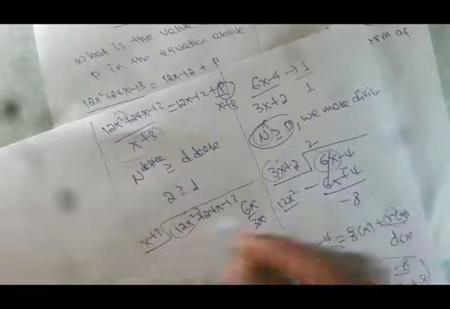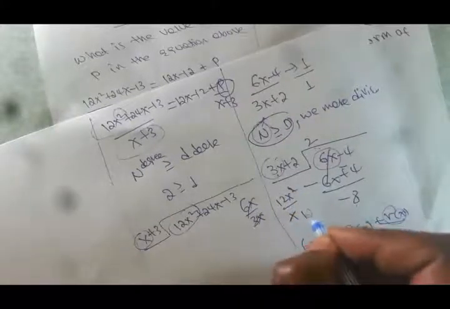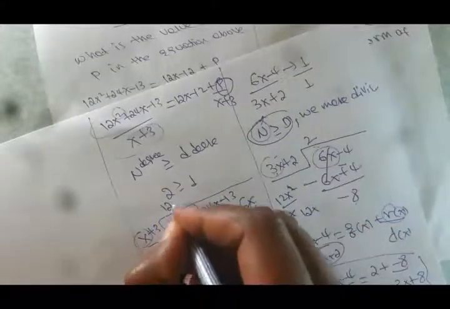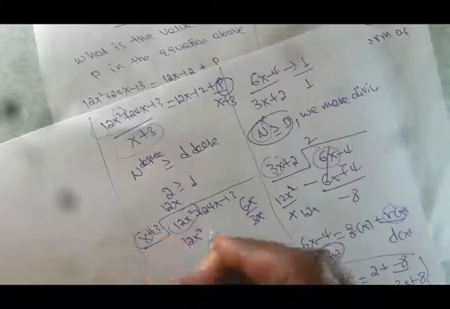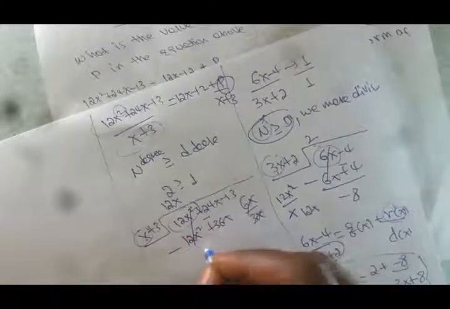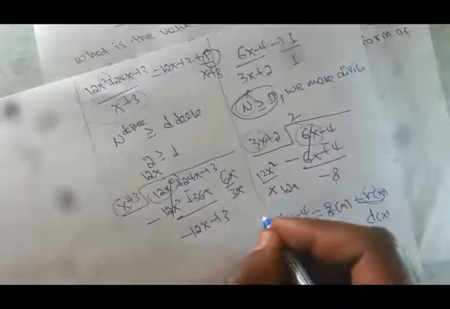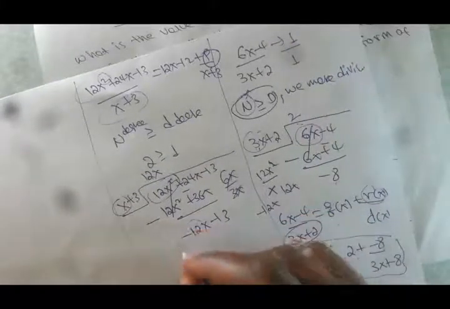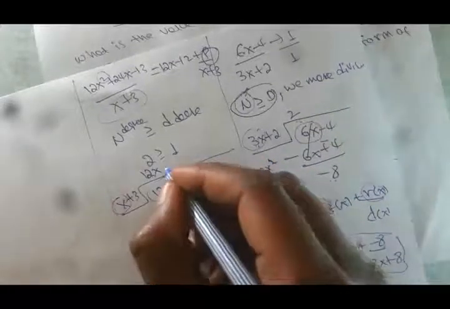12x squared divided by x gives 12x. 12x multiplied by x is 12x squared, and 12x multiplied by 3 is 36x. Subtracting, the first terms are cancelled, and we get minus 12x minus 13. Then minus 12x divided by x gives minus 12.